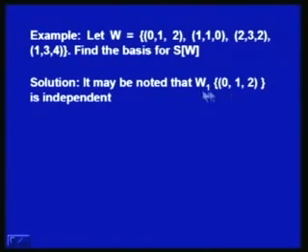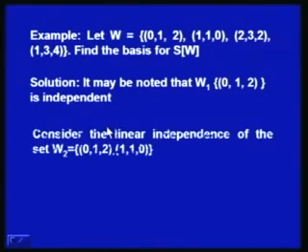What I have to do is see one by one whether they are independent or not. So, starting with (0, 1, 2) in W1, (0, 1, 2) is always independent, so it may be extended to form a basis.